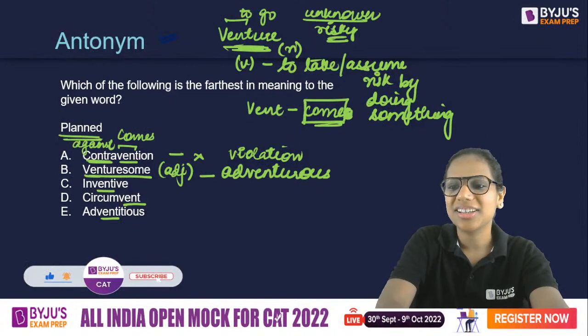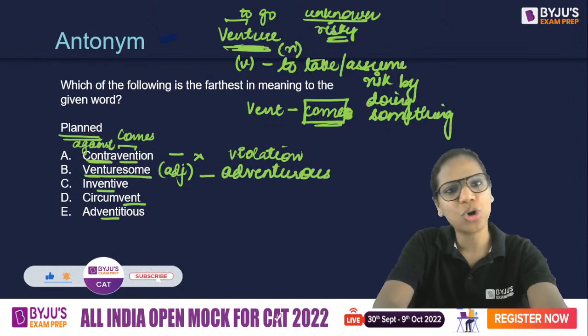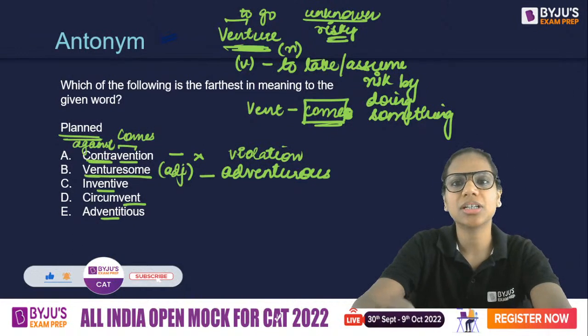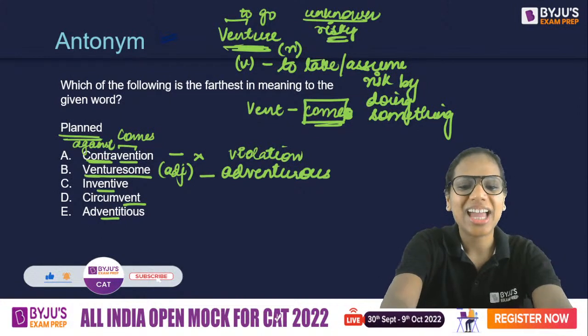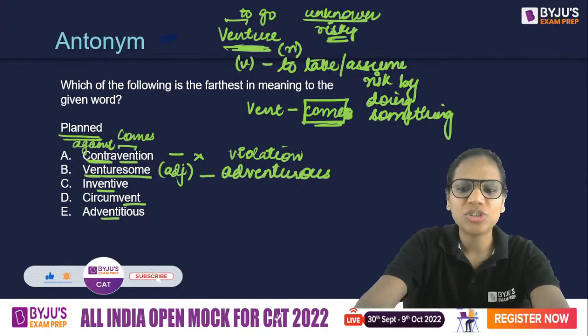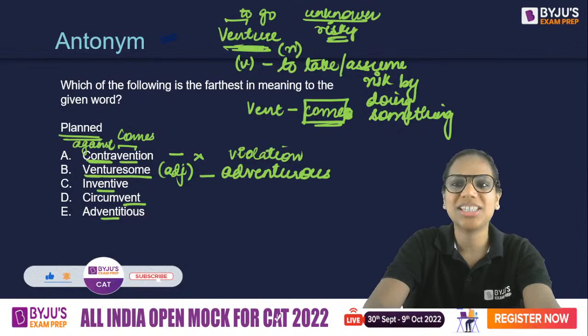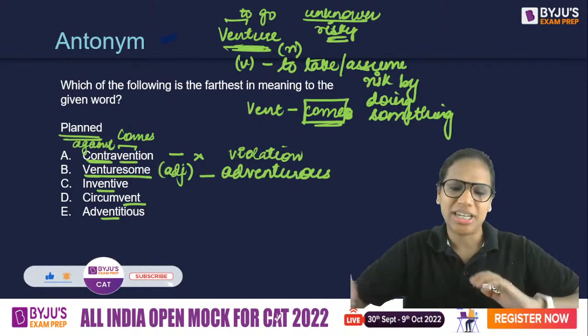So, something that's daring can be called a venture. Absolutely, it's not just associated with businesses, so to say, right? So the idea is to show you how these are related to the root vent. Okay, so venturesome, venture, adventure, adventurous, all of these are related to vent.